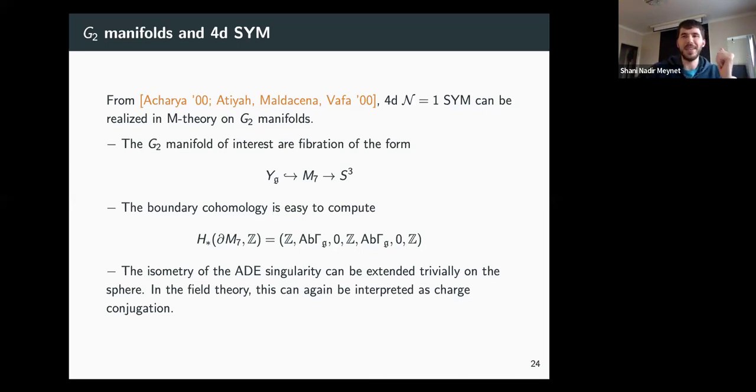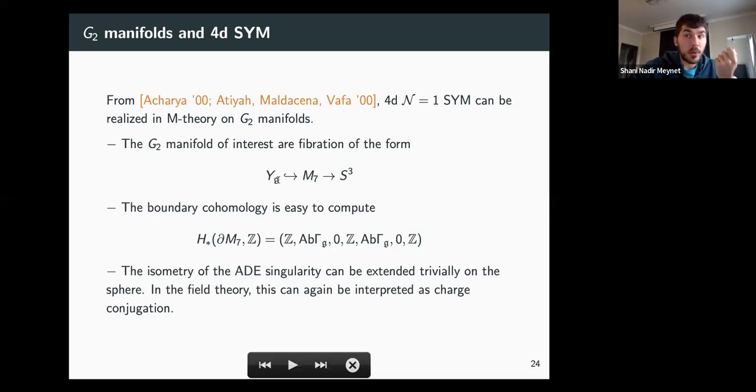I think that by now it is clear that it is a very nice geometrical space. This fibration is a singular geometry. The boundary has a homology that can be easily computed. So again, we have a list of all the topological operators corresponding to the one-form symmetries of our theory.